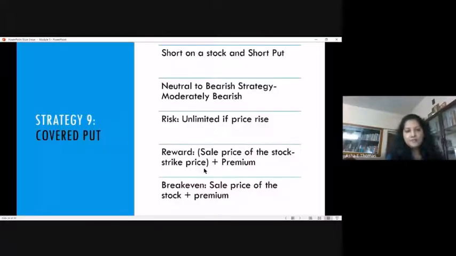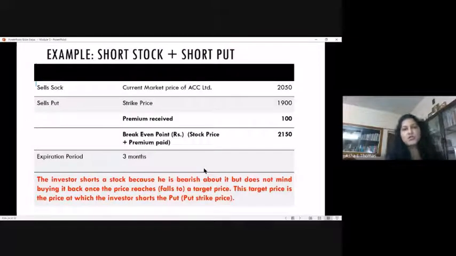And then covered put, here again it's just the opposite of covered call, where you will short sell a stock and sell a put. Okay, your expectation is the market is bearish, so naturally you can buy the share at a lower rate and settle your transaction with respect to the short stock. That's what you expect.